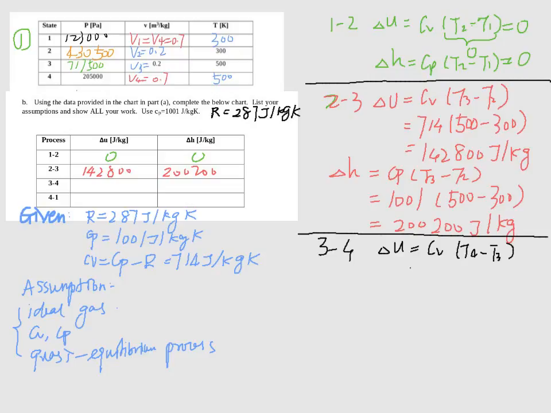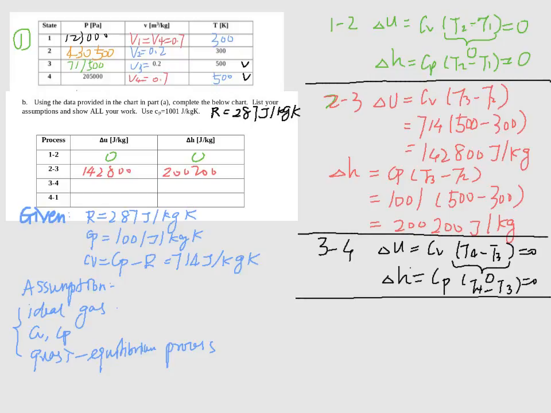Similarly to the first process 1 to 2, T4 minus T3 is also 0. They're all 500 K here. So the internal energy is 0. Same thing for the enthalpy. Enthalpy is Cp delta T, which is Cp T4 minus T3, which is also 0.